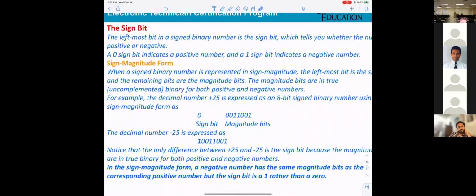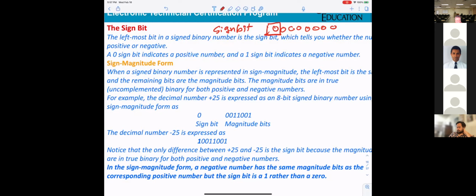The leftmost bit in a signed binary number, that's what they're talking about, the sign bit. So if you have 8 bits, normally we deal with 8 bits, 0, 0, 0, 0, 4 bits, 0, 0, 0, 0, this one will be the sign bit, and the rest will be the magnitude.